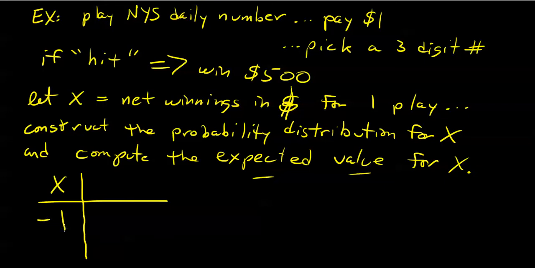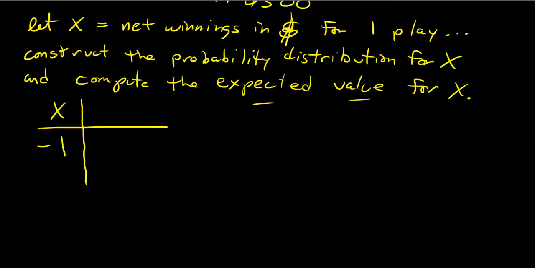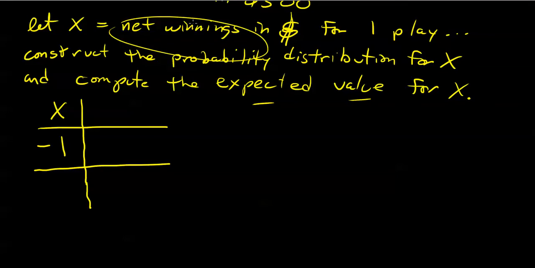So my net winnings in that case are going to be negative $1. Let's say I win this game. Now remember, x is your net winnings in dollars. If you win the game, you win $500, but you've got to subtract off the dollar that you invested. So my net winnings in that case would be $499.